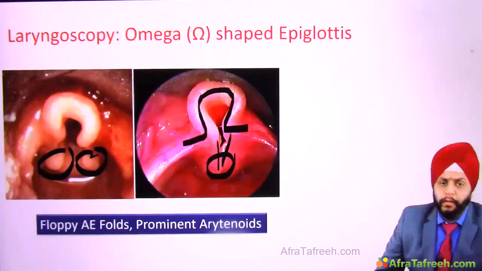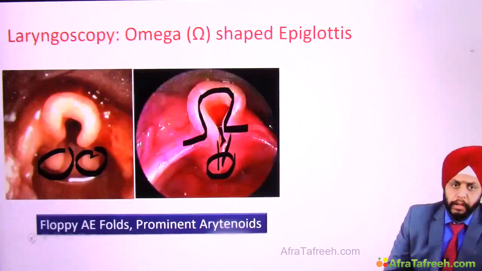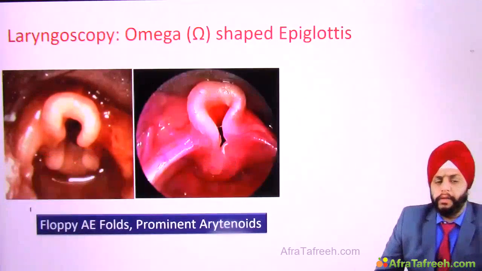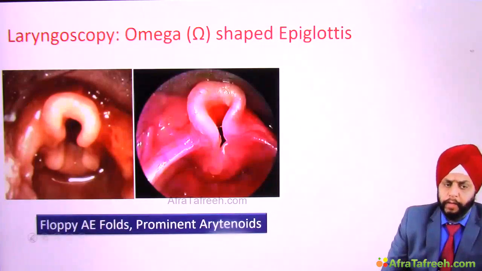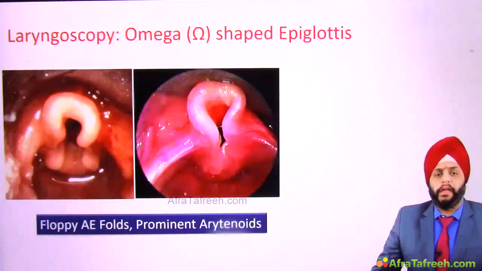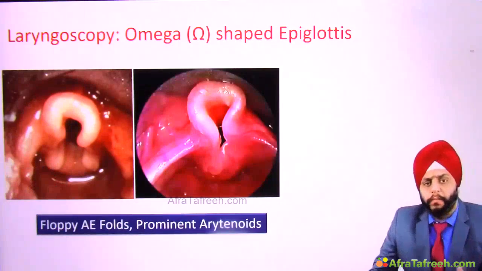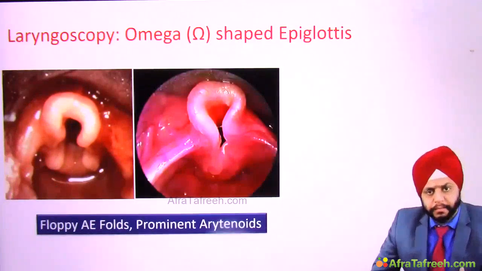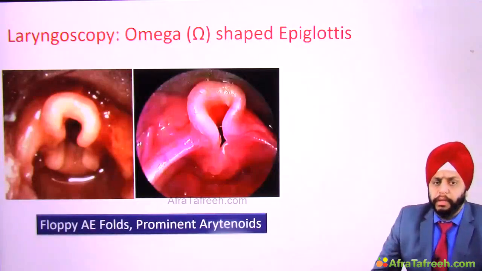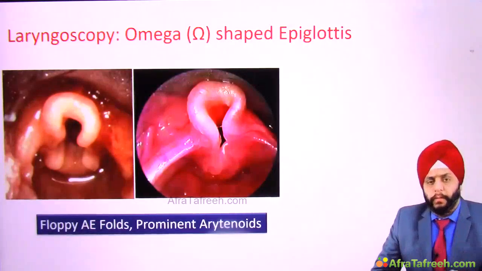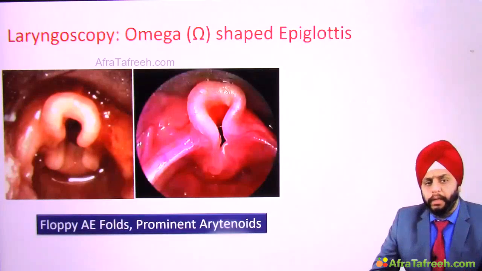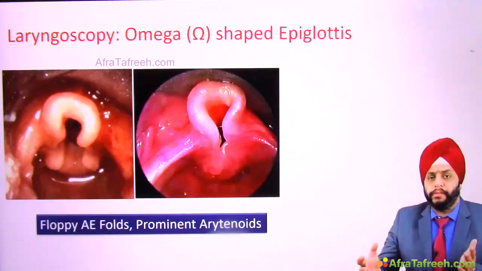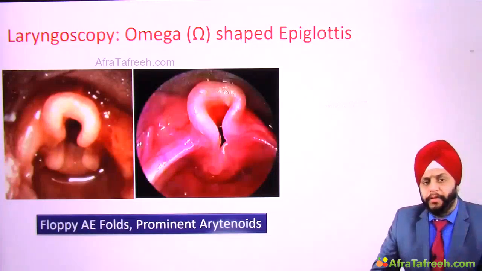Now, what treatment will you advise? The treatment in this case is conservative. Conservative means you advise the parents to nurse the child in prone position. Why? Because when the child grows, the airway will increase in size and these cartilages become firm.